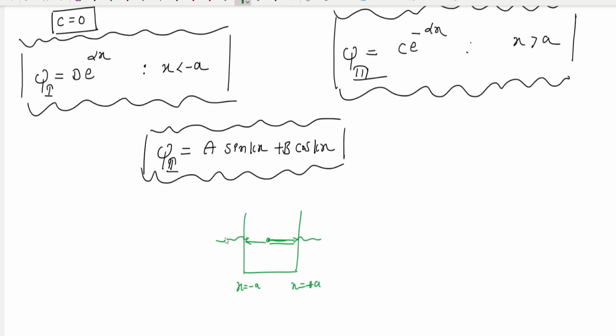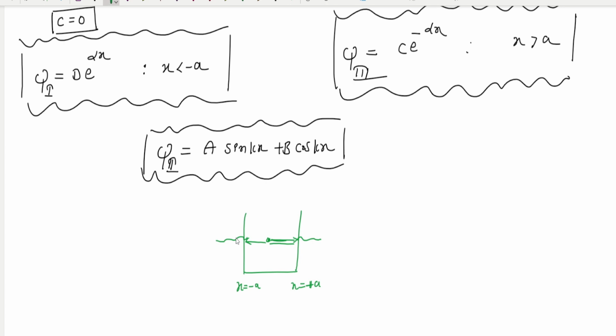and quantum mechanics. Okay. So by this explanation, the wave function in region 2 can be either symmetric or antisymmetric about the origin. Hence, we can match either the symmetric or the antisymmetric wave function of region 2 to the wave functions in region 1 and region 3 at the same time.